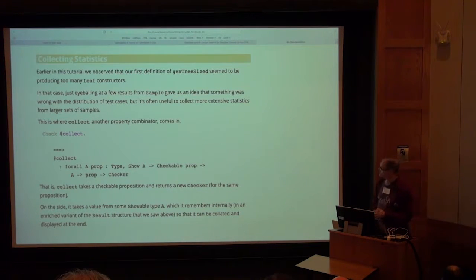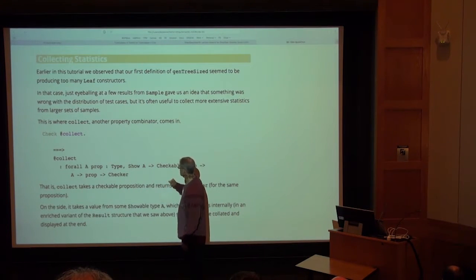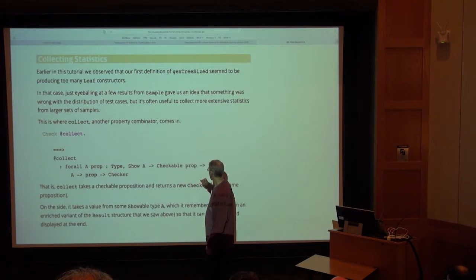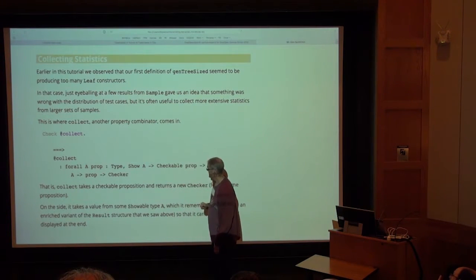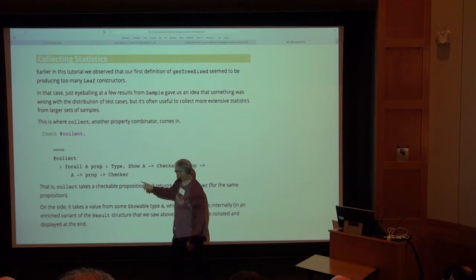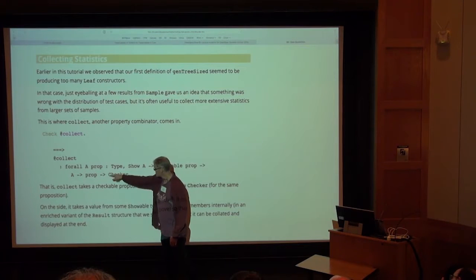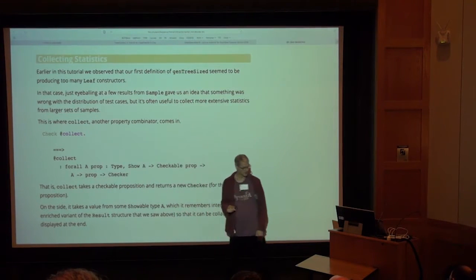So for that, we again follow the lead of Haskell QuickCheck and introduce a combinator called collect. So collect takes a checkable property and a type A that is showable, and gives us a checker based on an instance of each of those things.